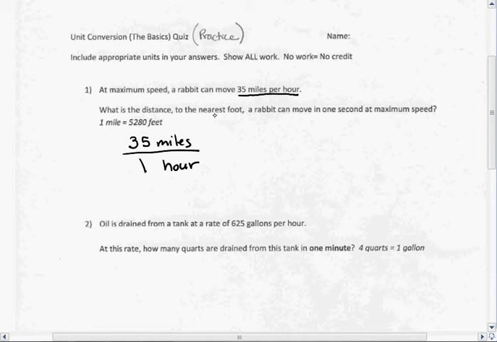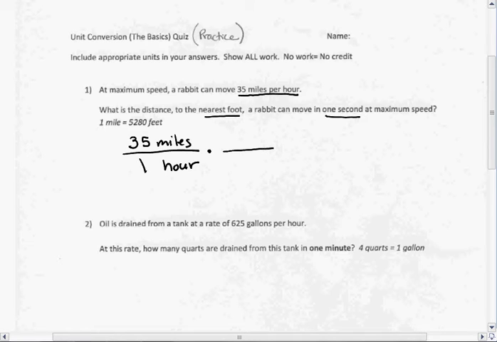They want me to find to the nearest foot how quickly the rabbit can move in 1 second. So that means I'm going to be changing the miles into feet and the hours into seconds. Now it doesn't matter which unit I change first. I am going to choose miles, but there's no reason that I couldn't choose to change the hours first.